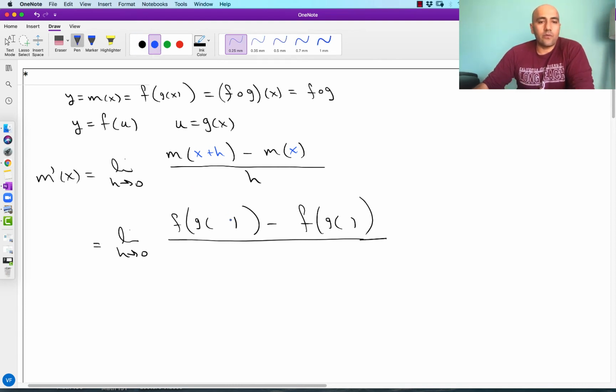And so here we have the x plus h and then an x, right? That's what it means for the m function. And the whole thing gets divided by h.